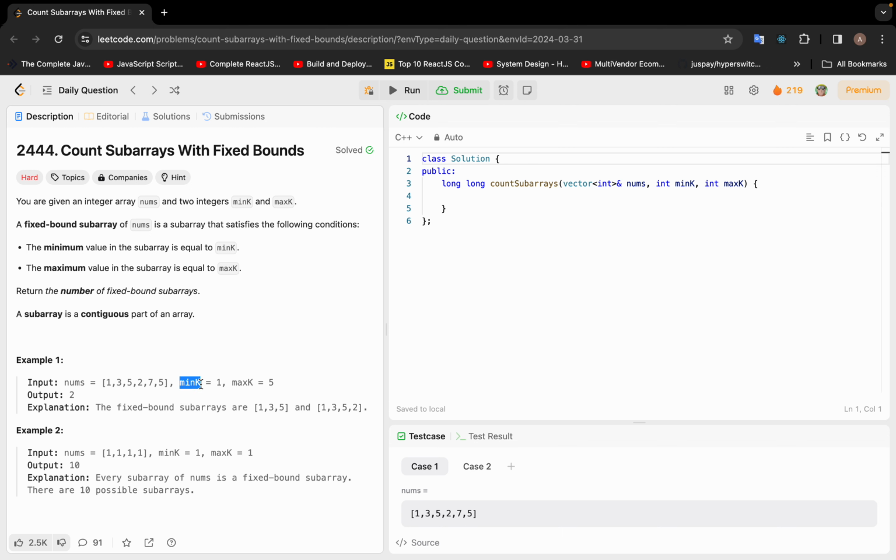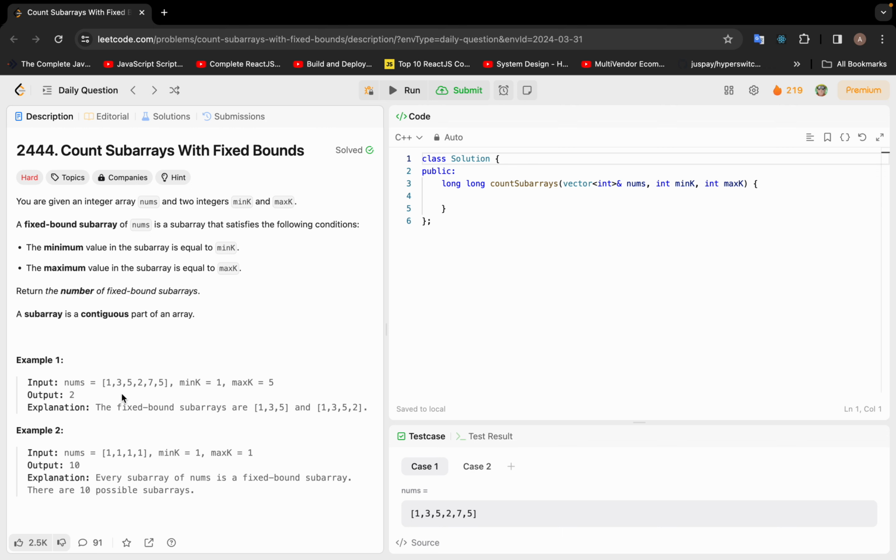What is the condition here? We are given minK and maxK, and the answer should be a subarray whose elements lie between these values. Its minimum element should be 1 and the maximum value should be 5.